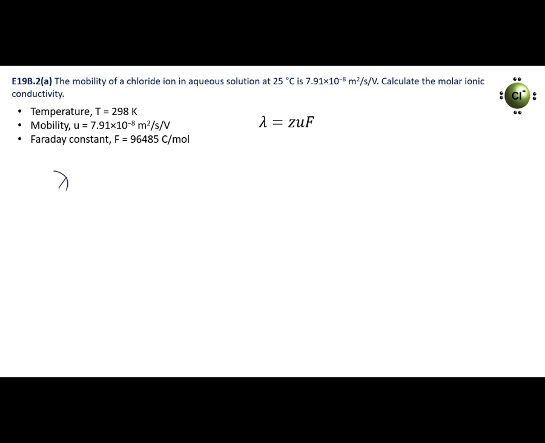So lambda is equal to Z, the charge. Here the charge on the chloride ion is -1, but we use just the magnitude and not the sign. So Z is 1. So 1 times the mobility, 7.91 times 10 power negative 8.